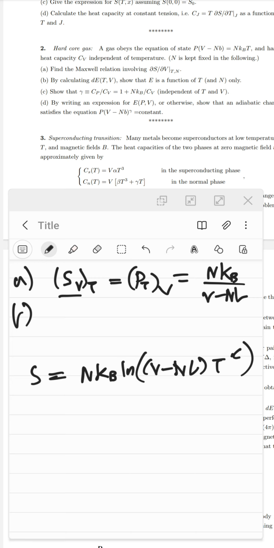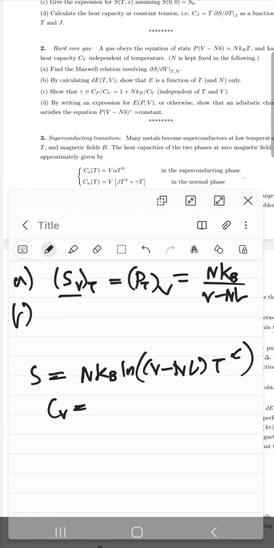So you know that Cv is, once again, just, so now what's Cv then? Partial S upon partial T at constant volume. Okay, and Cp is at constant pressure. Fine, shouldn't be that hard. So this is just nkB upon this whole stuff, (V minus nb), T to the power C. Right, just think.